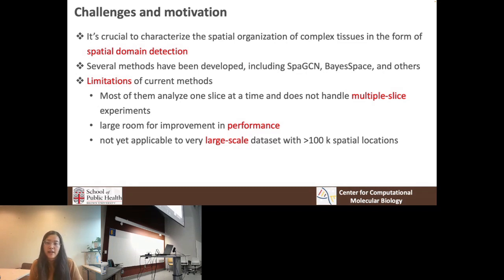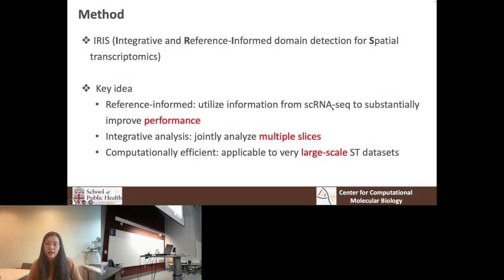And I think all these motivations and limitations motivate me to develop a novel method, which is called IRIS. IRIS is short for Integrative and Reference-Informed Domain Detection for Spatial Transcriptomics. And here are the key ideas and rationale behind this method, which correspondingly address all the previous limitations.